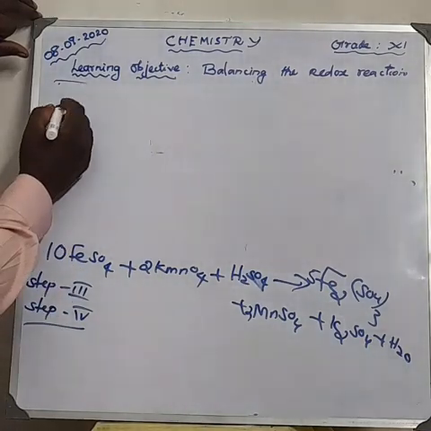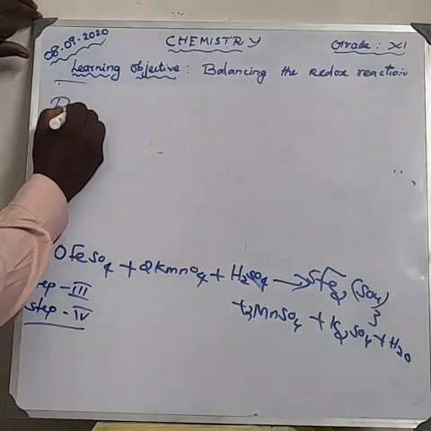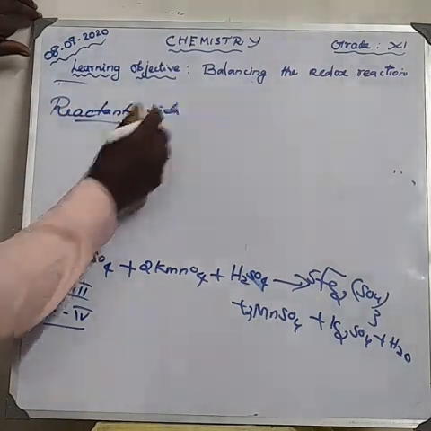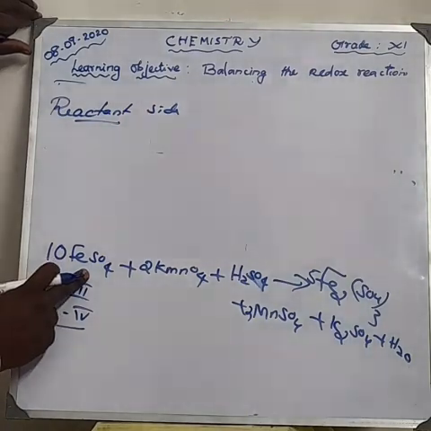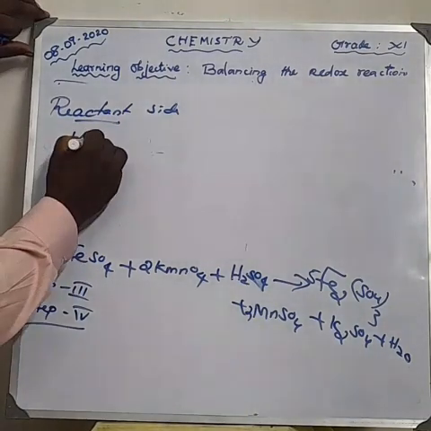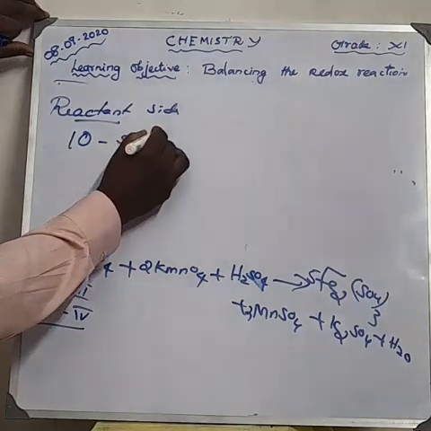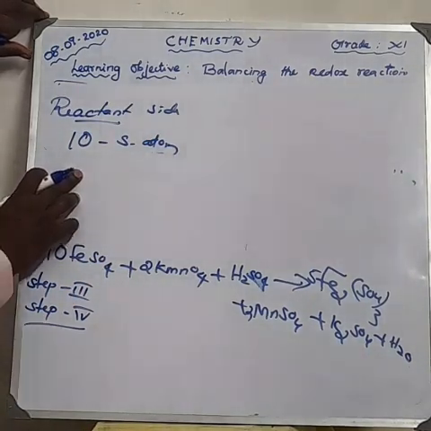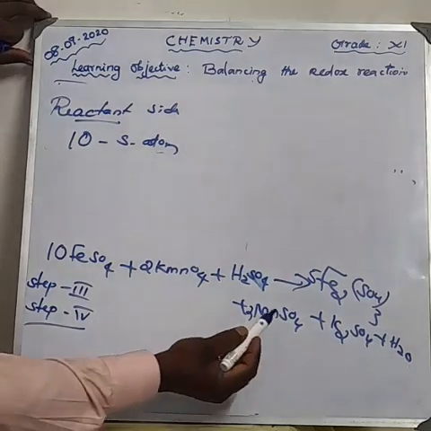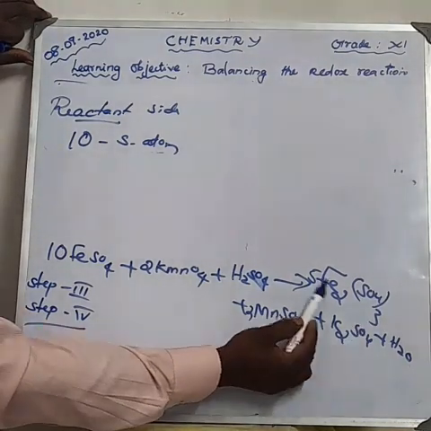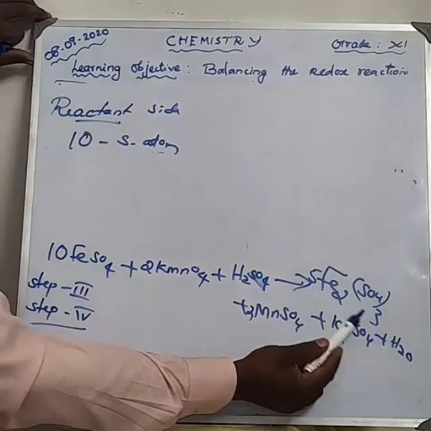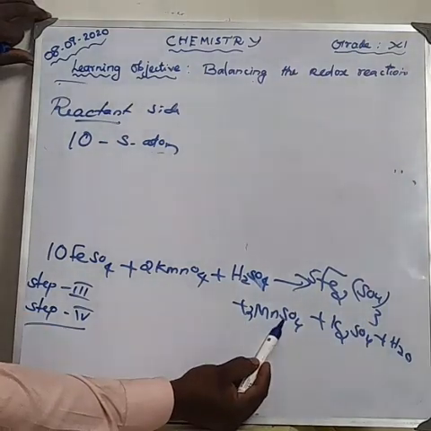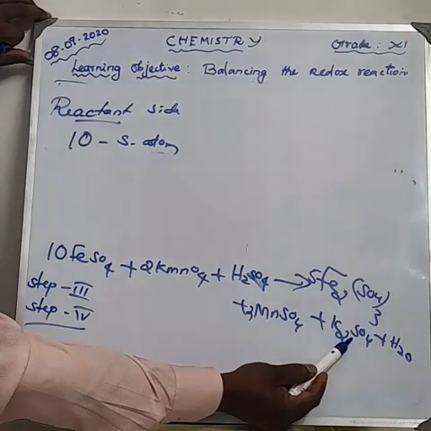On the reactant side, how much sulfur atom is there? 10 sulfur atoms. Okay. Here, the product side, how much sulfur? Find out. 5 3s are 15. Am I right? 15 plus 2, 17. 17 plus 1, 18.